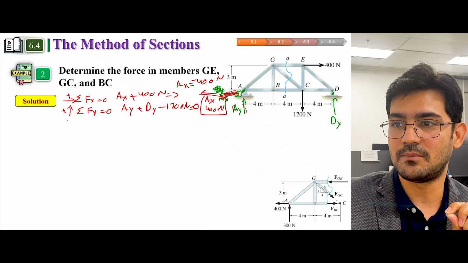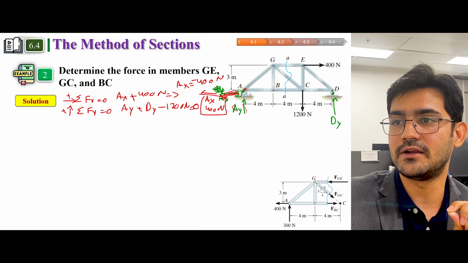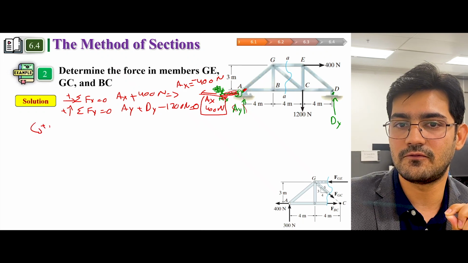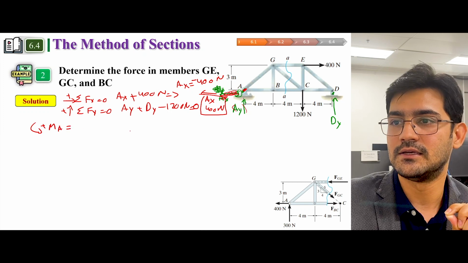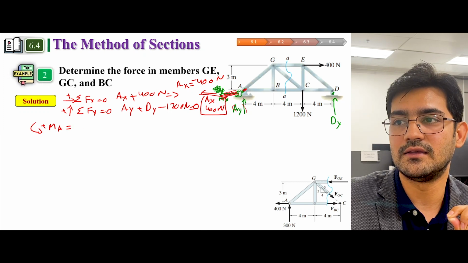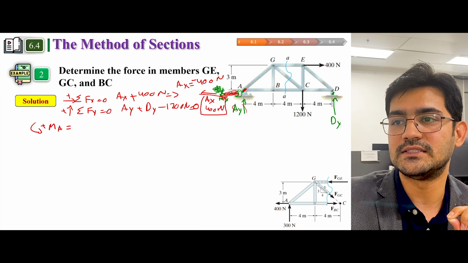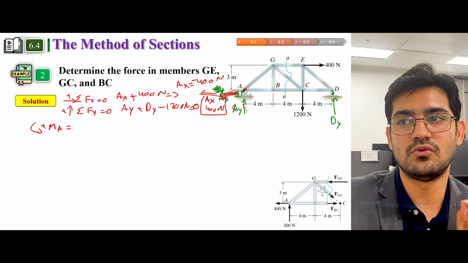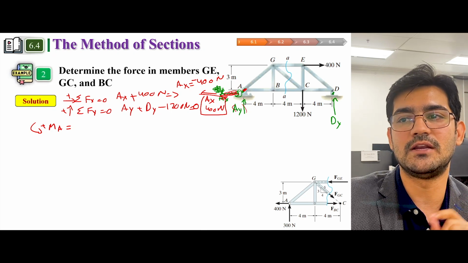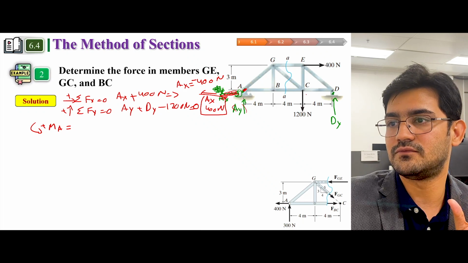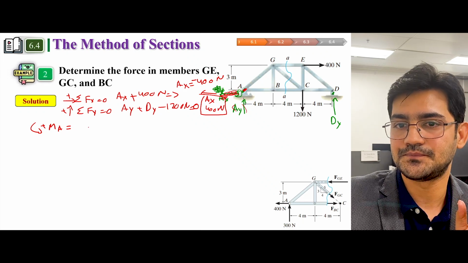Let's apply summation of moment at point A. A of x and A of y become 0 because the distance is 0, so 0 multiplied by A of x or A of y would be 0. So you have 3 forces remaining.